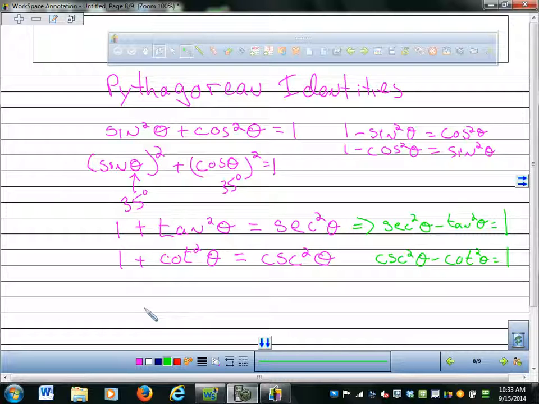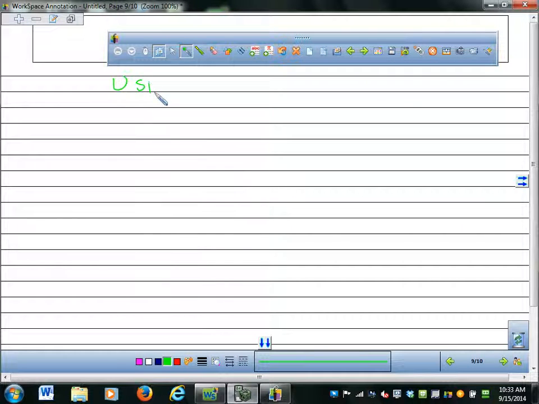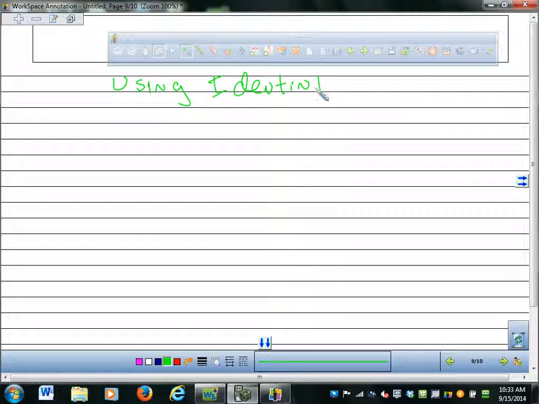Okay, so then sometimes you'll have problems like, using the trig identities, and tan of theta equals 3.